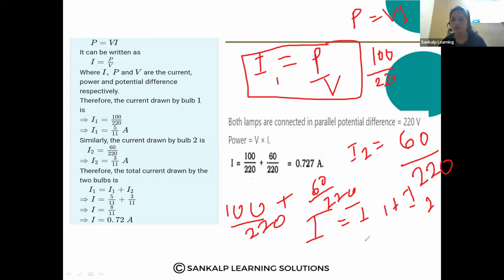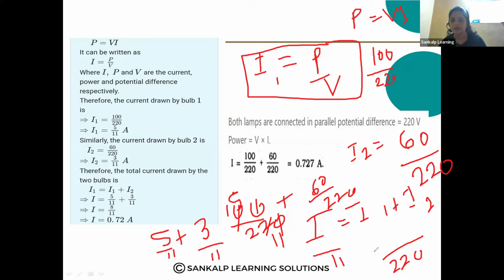Okay, so then what will be the answer, 220, you can solve this. You can cancel the 0 like this and solve it. 2 fives are 10, 2 elevens are 22, so 5 by 11, write 5 by 11 plus 2 threes are 6, 2 elevens are 22.